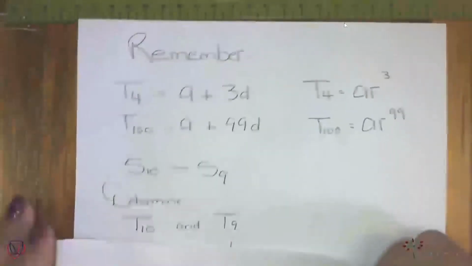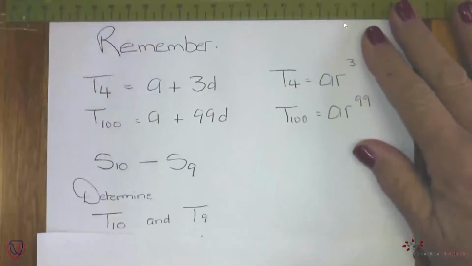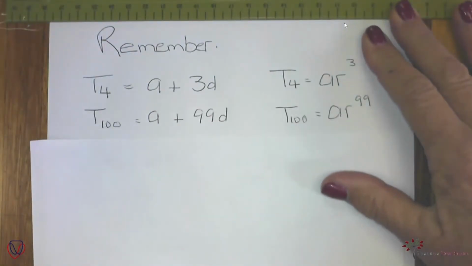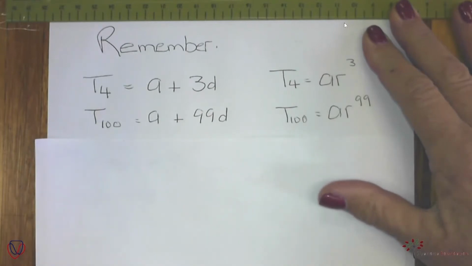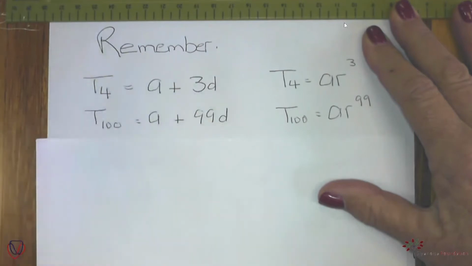I just want to give you a few things that you must remember. It's not sums, it's just a few things that I didn't pick up in these sums. If they say T4 minus T100, you're going to say A plus 99D minus A plus 3D. Can you see that?